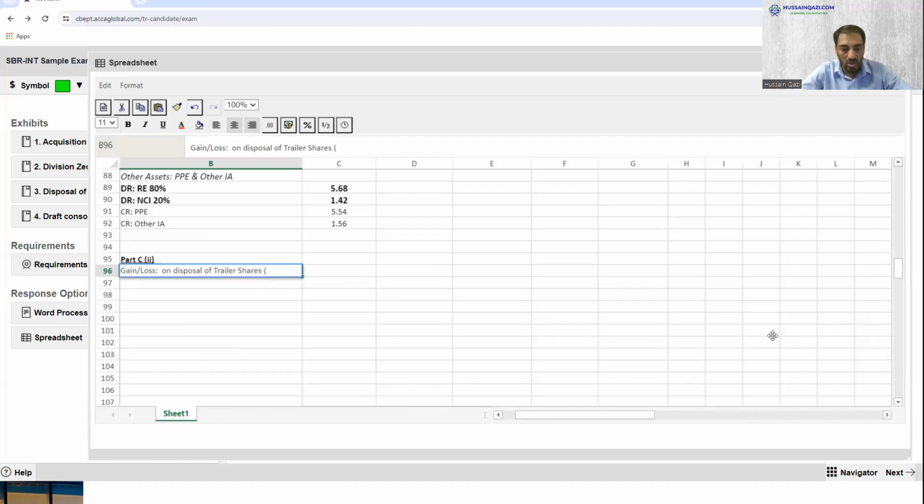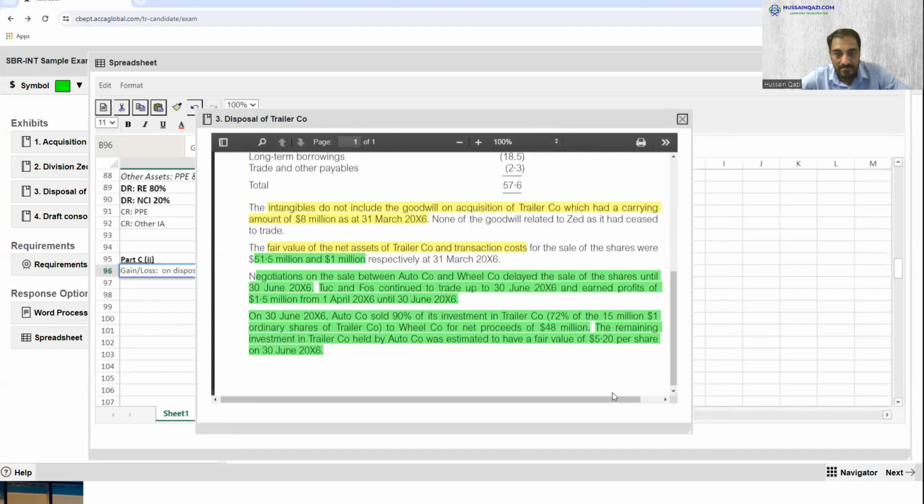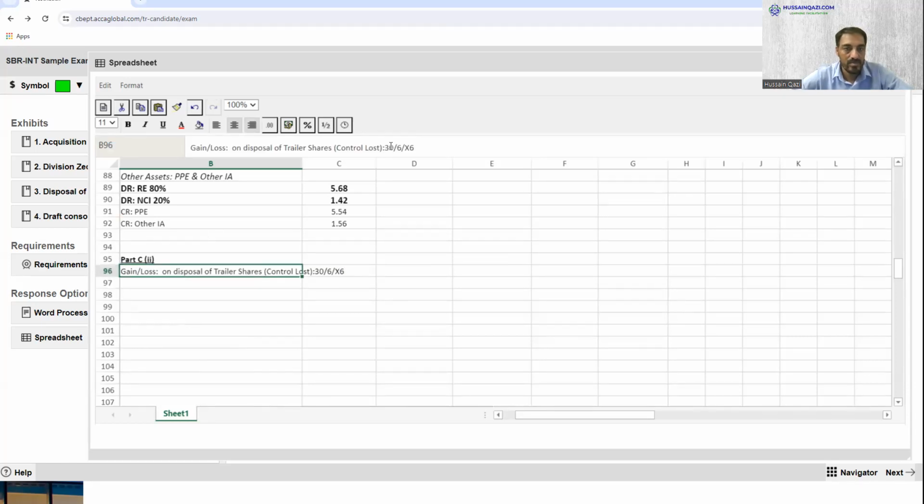Here it is about loss of control, and the date is not the year end. It's about 30th June XX. Very simple.